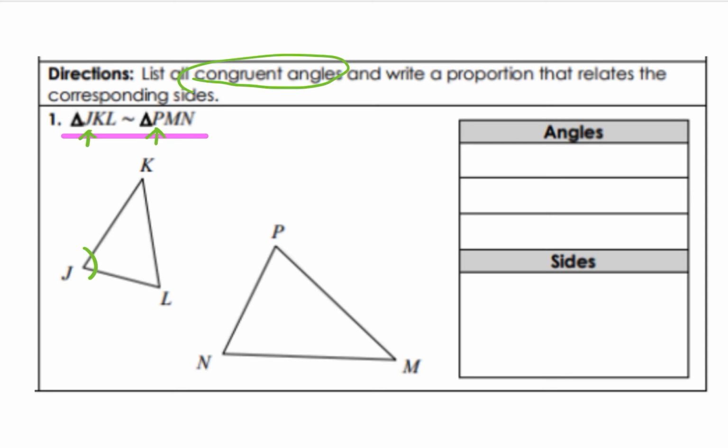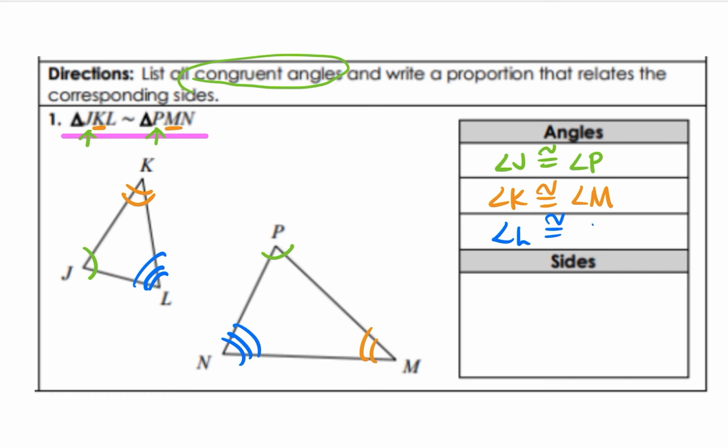So angle J is congruent to angle P. The next letter is K, the middle letter, paired with M. So angle K is congruent to angle M. And the last letter is L, which is congruent to angle N. So angle L is congruent to angle N.